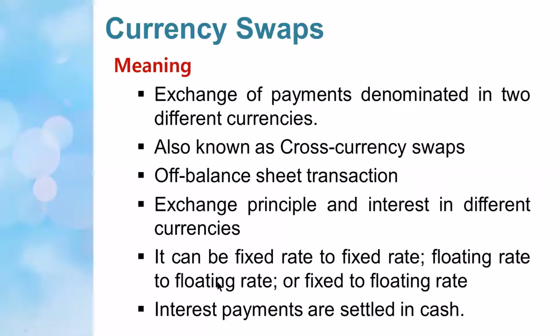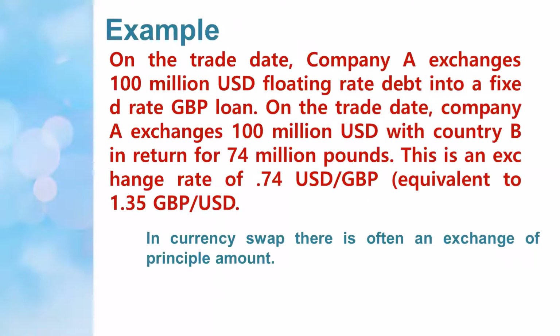Now I put an example here. On a trading day, company A exchanges a 100 million US dollar floating rate interest debt into a fixed rate British pound loan. So this is two different currencies.